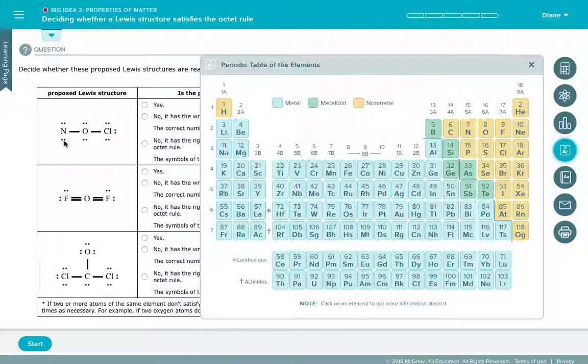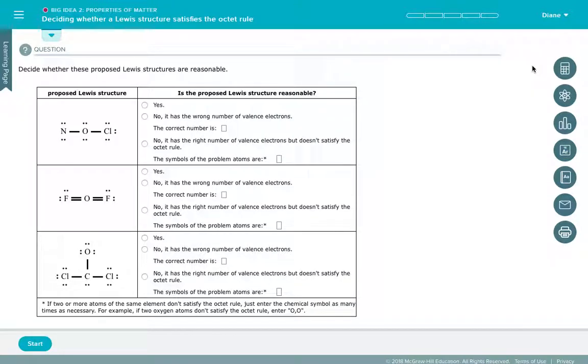So I've got 5 electrons, 6 electrons, 7. 5 plus 6 is 11, plus 7. I should have 18 electrons represented. Let's count. 2, 4, 6, 8, 10, 12, 14, 16, 18. We have the correct number of electrons. Now we have to see that they're arranged so there's an octet, or 8 around each. 2, 4, 6, 8 around chlorine. 2, 4, 6, 8 around oxygen.